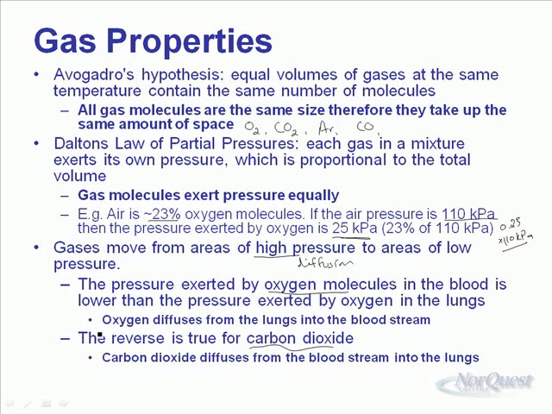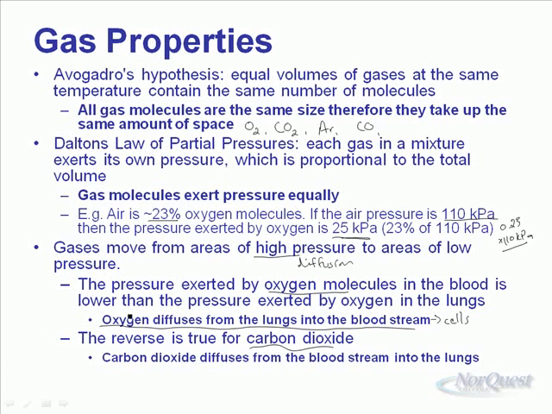So oxygen naturally is going to diffuse, and this is the important part, from the lungs into our bloodstream, and even from our bloodstream into cells, because the concentration or the pressure of oxygen inside of our body cells is always low. Cells use oxygen to do cellular respiration as part of their metabolism, so it's always being used up. So the pressure of oxygen inside cells is very, very low.